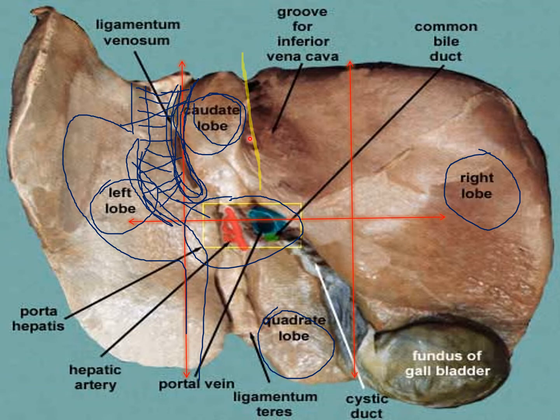You can see in the diagram very well. In the same way, the quadrate lobe lies between the gallbladder on one side and the fissure for ligamentum teres hepatis on the other side. If this diagram is clear to you, then you can just memorize it and write it.